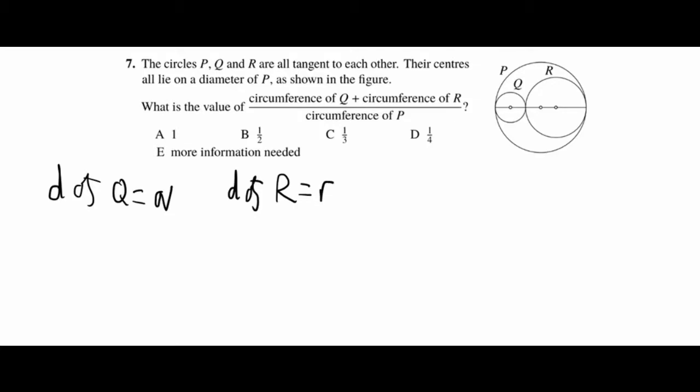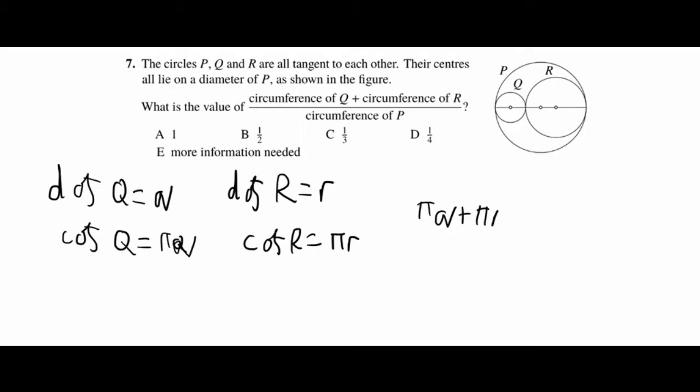Well then the circumference of Q, I'll just write circumference as small c, so c of Q will be equal to pi times the diameter, so pi q, and the circumference of R will be pi r. And so the sum of the circumferences will be pi q plus pi r.